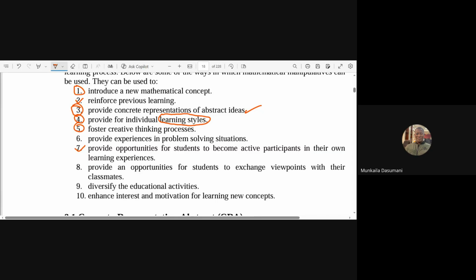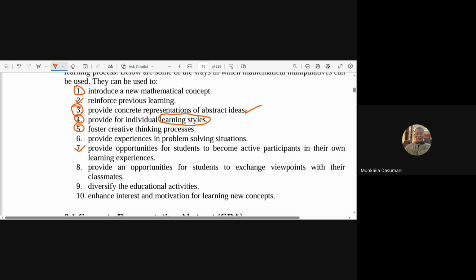The representational one becomes the pictorial one, a picture of the shape, and the concrete one is the physical. In the first place, you bring a manipulative, they touch it and feel it. This rectangle, the nature of a rectangle, it looks like this. They are touching it, now they picture it in their mind.